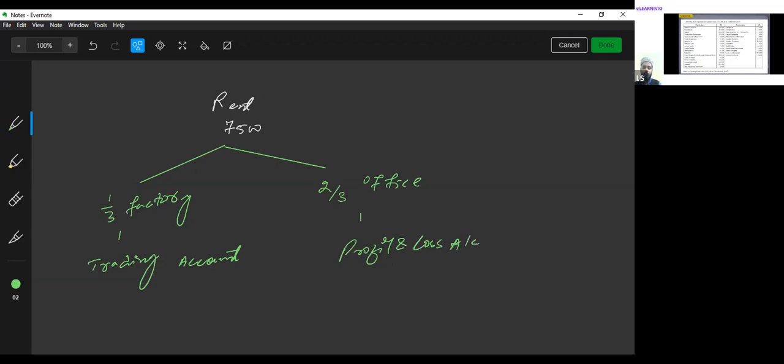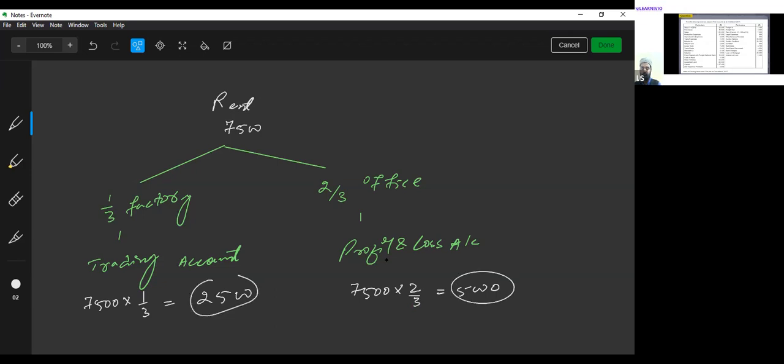All right. So we will be calculating 1/3 of 7500. It will be 7500 into 1/3, which is 2500. And 7500 into 2 by 3 will be 5000. So this will be taken into the profit and loss account, and the 2500 should be recorded in the trading account.